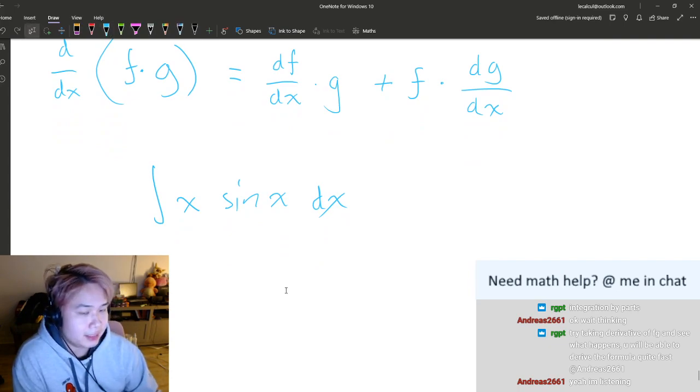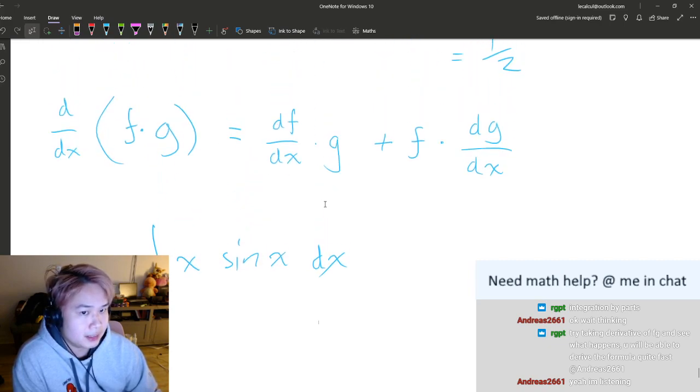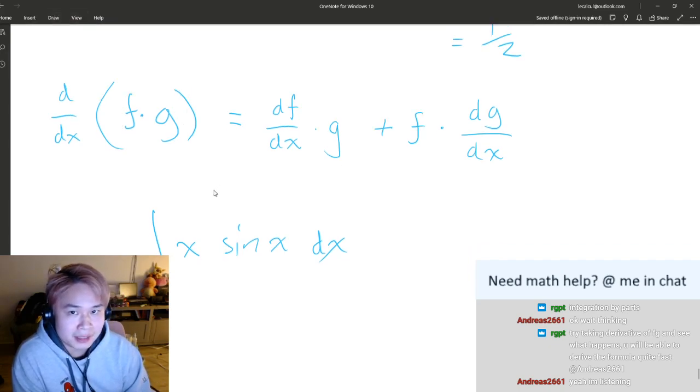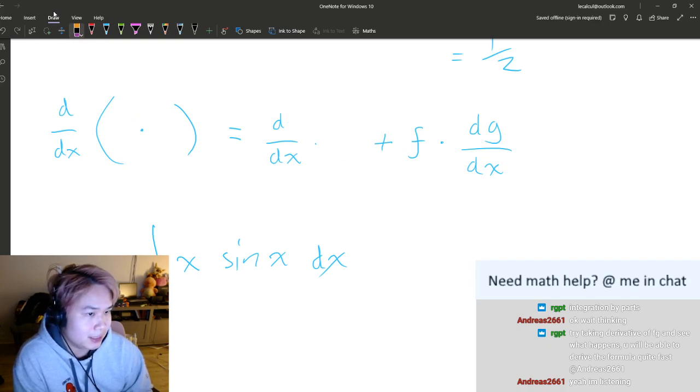First, you're going to set one of these parts to be... Actually, I should think about this a little bit better. Because normally integration by parts uses u and v, so let me just use u and v.